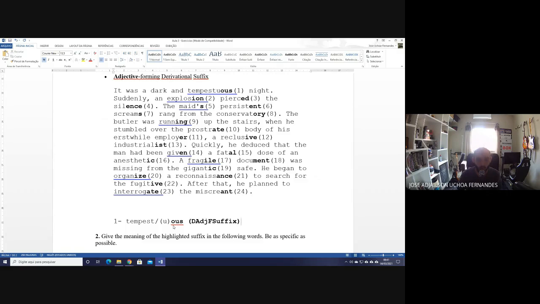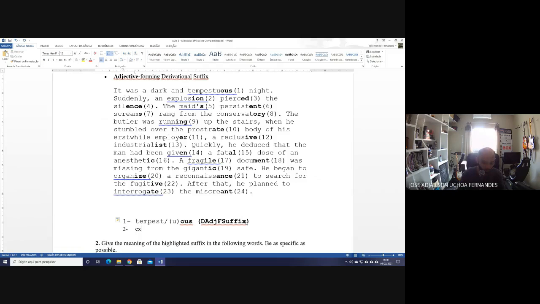So you're going to do this with explosion, for example. Number 2, explosion. Now, how would you split this word explosion into morphemes? I'm interested only in the suffix part. This is what I'm interested in analyzing.